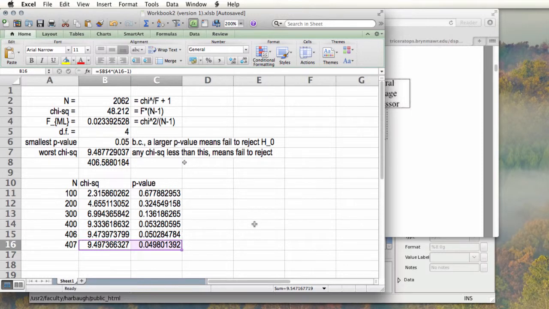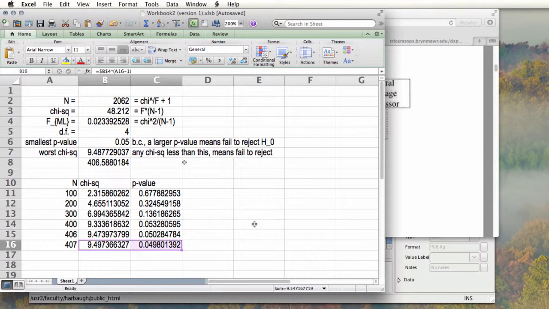This value, 406, has a special name: Hoelter's critical N. It is the largest sample size that you could have obtained with your sample covariance matrix.